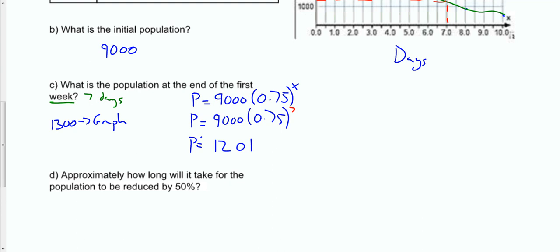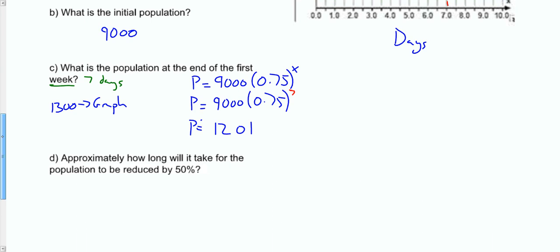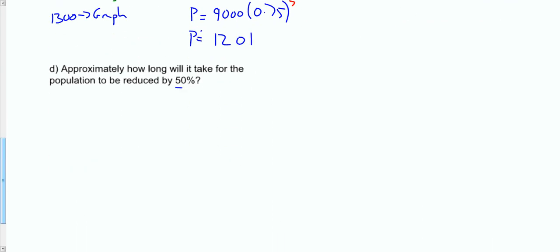Okay. So approximately how long will it take for the population to be reduced by 50%? Okay, well 50% of the starting number, we started with 9,000. So 9,000 divided by 2 is going to equal 4,500. So we want to figure out how long does it take for the population to hit 4,500.